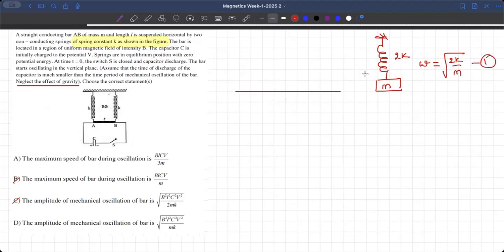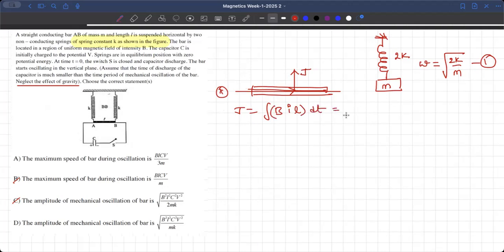Suddenly a very large amount of current passes through the rod in a small interval of time. So this causes an impulse because you have an inward magnetic field. Impulse upwards, J.